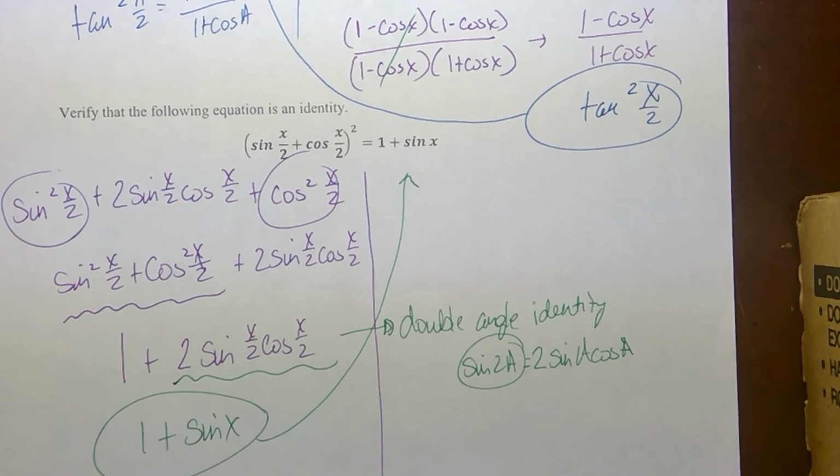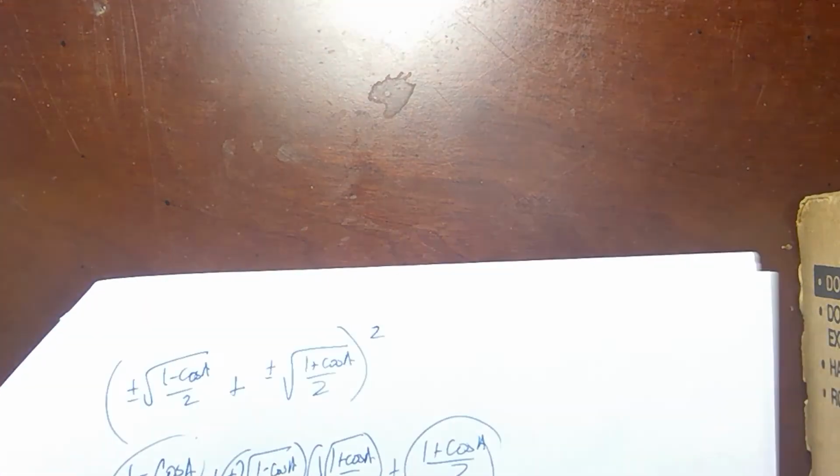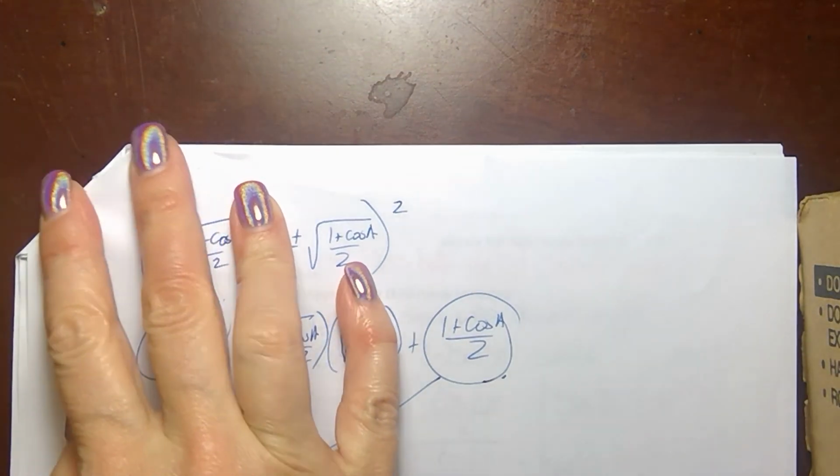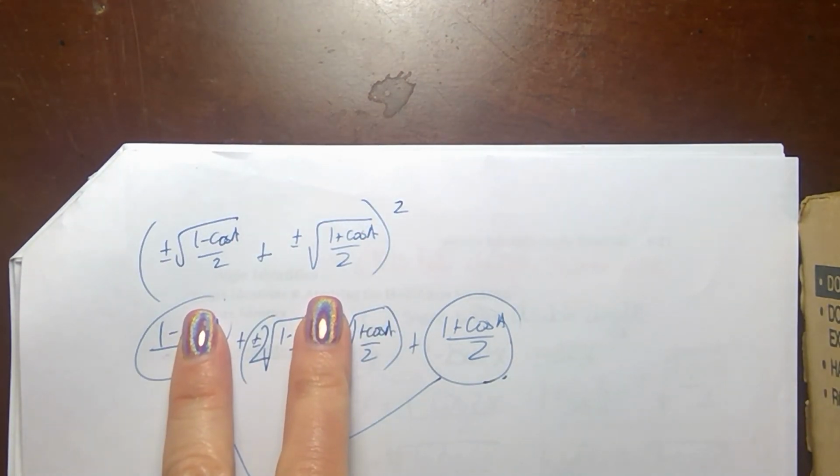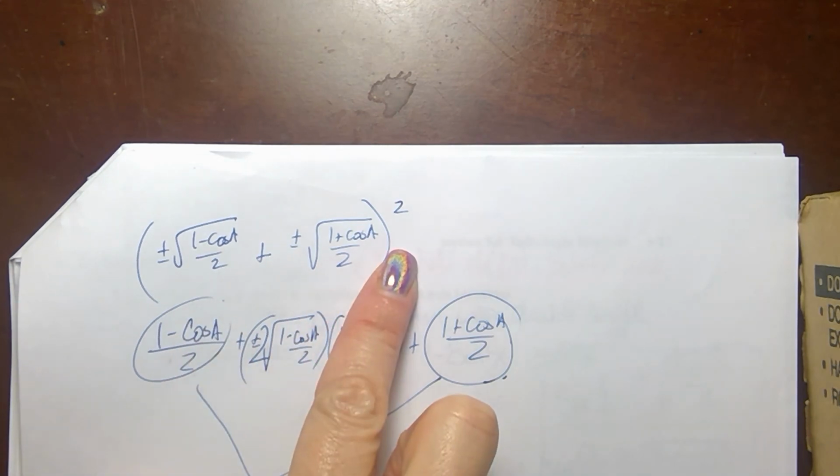Okay, I promised you an alternate way to do this. One of my students showed me this alternate way. What they did was they took that sine x half plus cosine x half and they substituted in half angle identities and then they squared that.